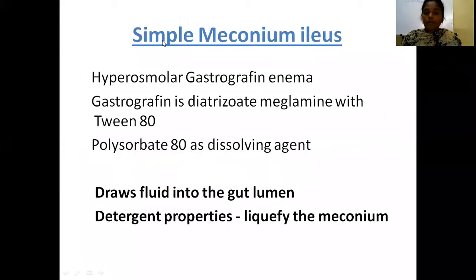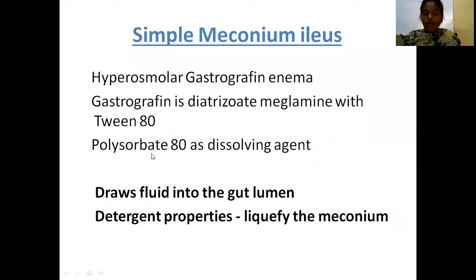So coming to simple or uncomplicated meconium ileus, the treatment is by hyperosmolar gastrografin enema. What is this gastrografin? Gastrografin is diatrizoate meglumine with Tween 80 or polysorbate 80.